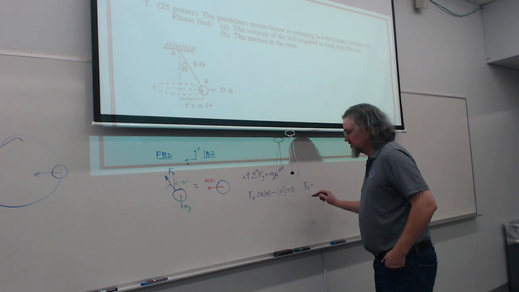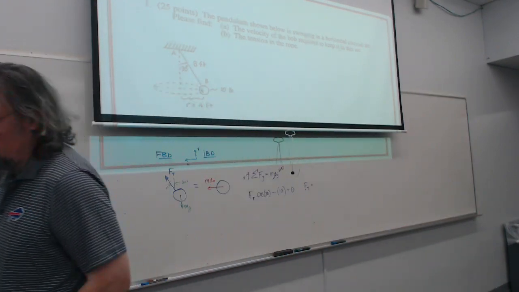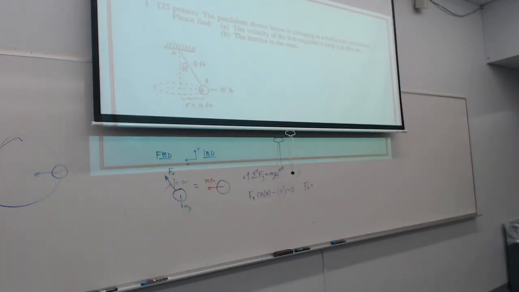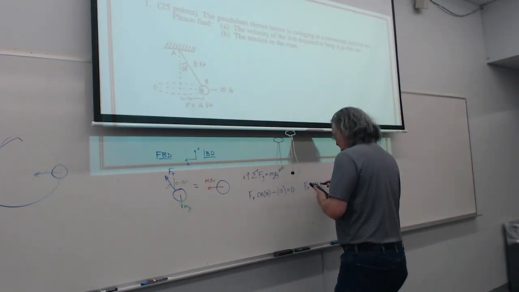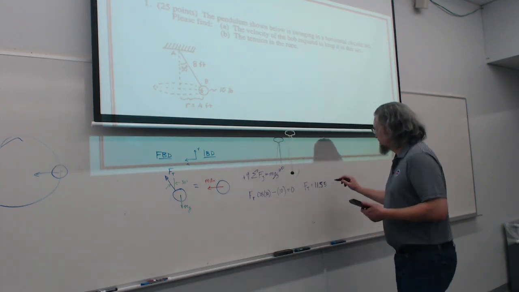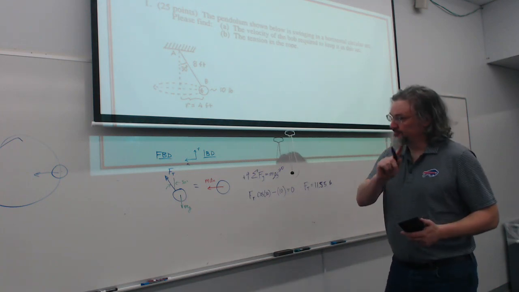And Ft equals 10 divided by cosine of 30, or 11.55. Ooh, that was a terrible 5. Definitely a Friday 5. And those are pounds, not newtons.